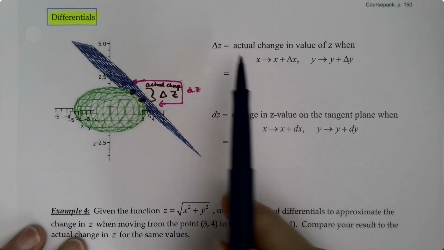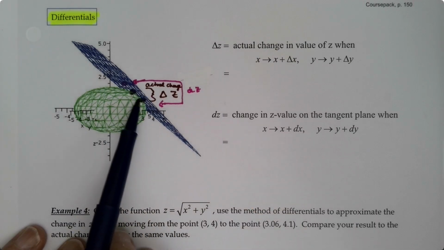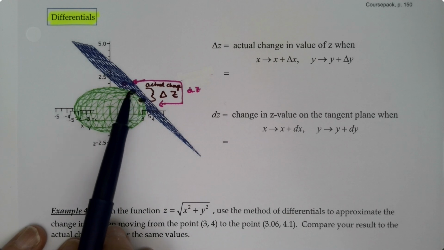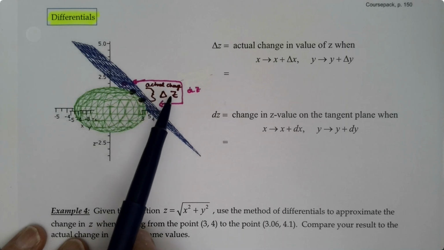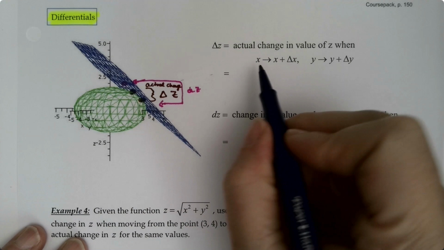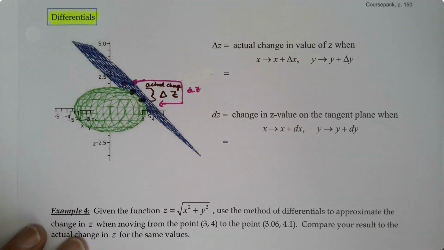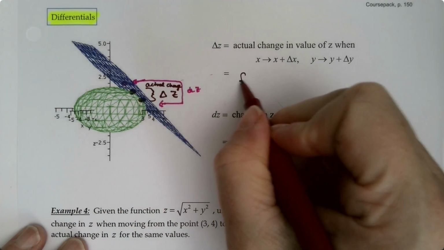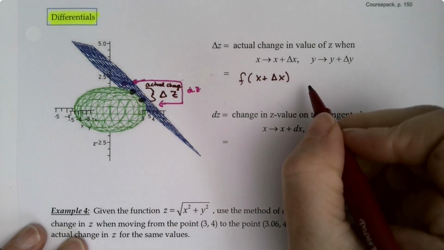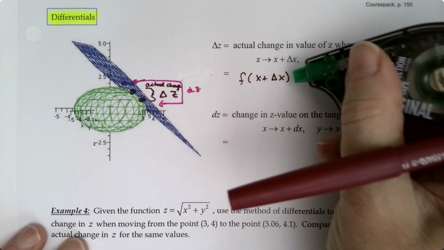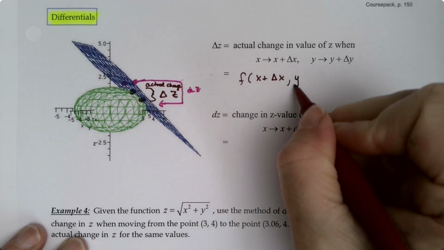So delta z is the actual change in z. You have two z values, one at the point of tangency and one somewhere close by. And the actual change in the z values is delta z. So if this is some function, it would be f of x plus delta x, comma, y plus delta y, because this is a function in two variables.